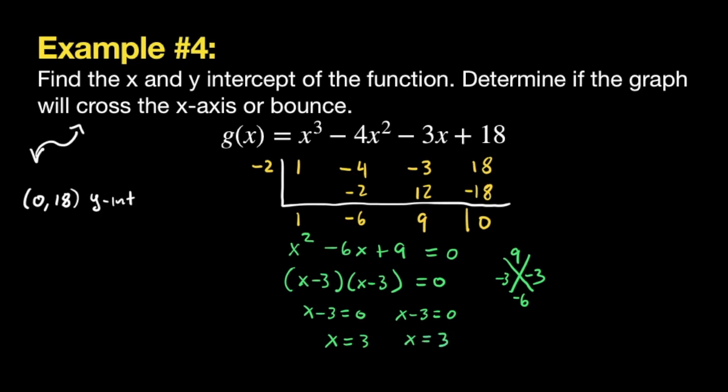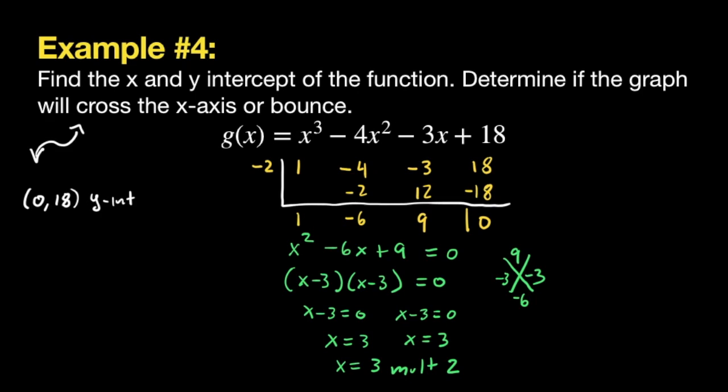So in this case, we have x is equal to 3 multiplicity 2. So using this information, we know that because we only have one answer right here, a -2, the graph at the x-axis at -2 is going to cross, but at x equals 3, that graph is going to bounce.